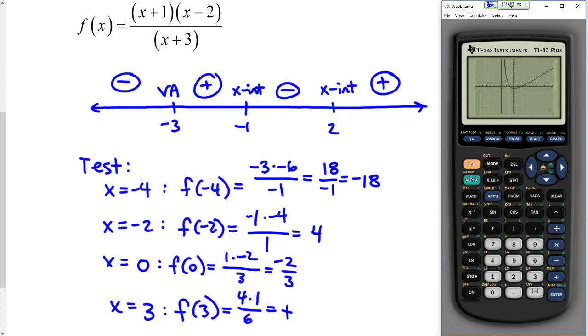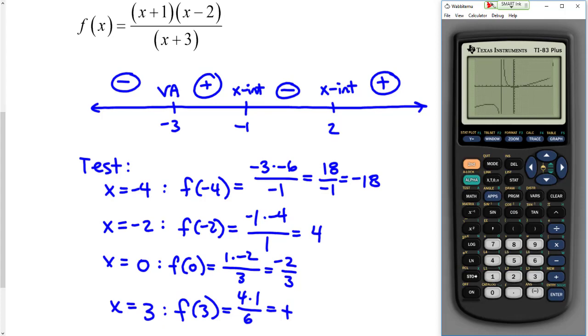Okay, so we can kind of see what's happening, although it looks like I might need to zoom out a bit. So let me change my window settings to maybe like -20 to +20 on my Y. Maybe I can see a bit better.